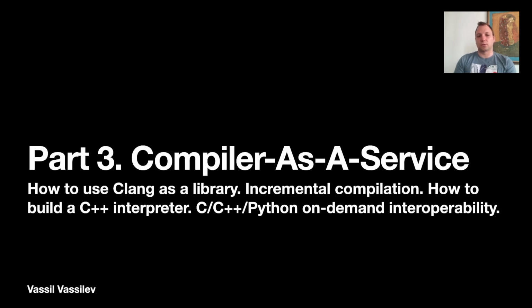Today I want to spend a little more time on Clang: how to use Clang as a library, how to use incremental compilation within Clang, how to build a mock C++ interpreter, and then go a little further and interoperate between C, C++, and Python on demand. So let's get started.